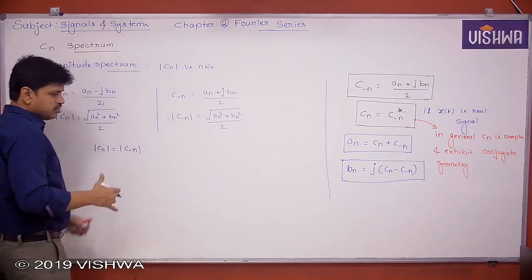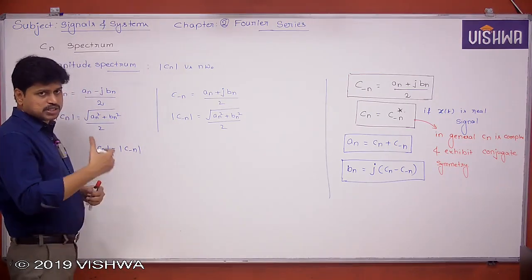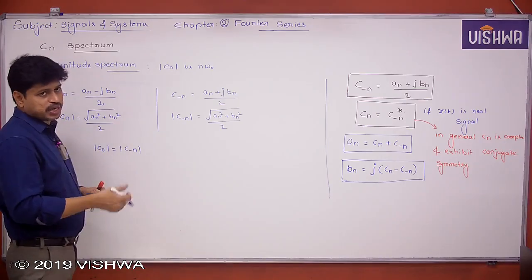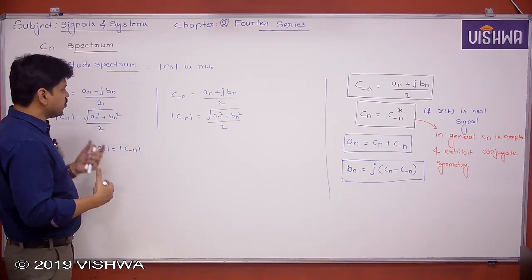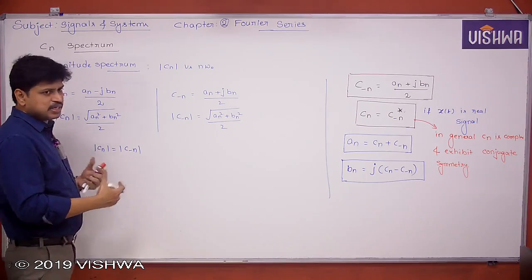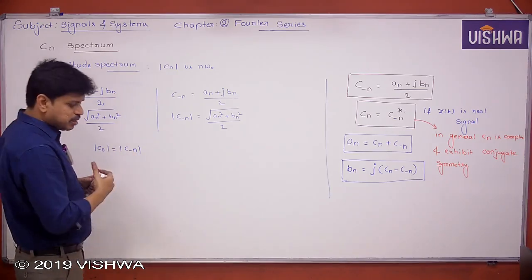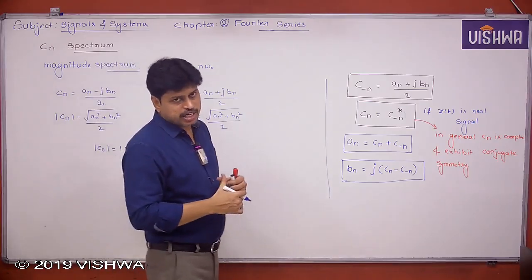So if I look at negative frequencies, whatever the amplitude is, positive frequencies also have the same amplitude. That means if I draw the spectrum, it looks exactly symmetric. Whatever is there in the positive frequencies will be there in the negative frequencies also.